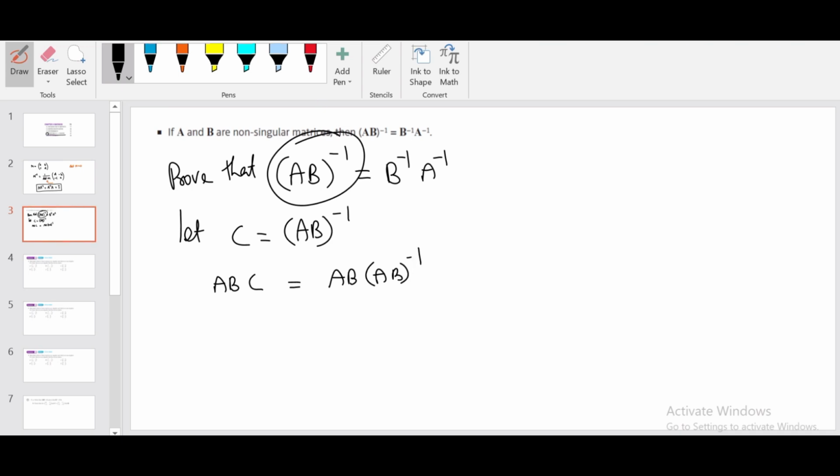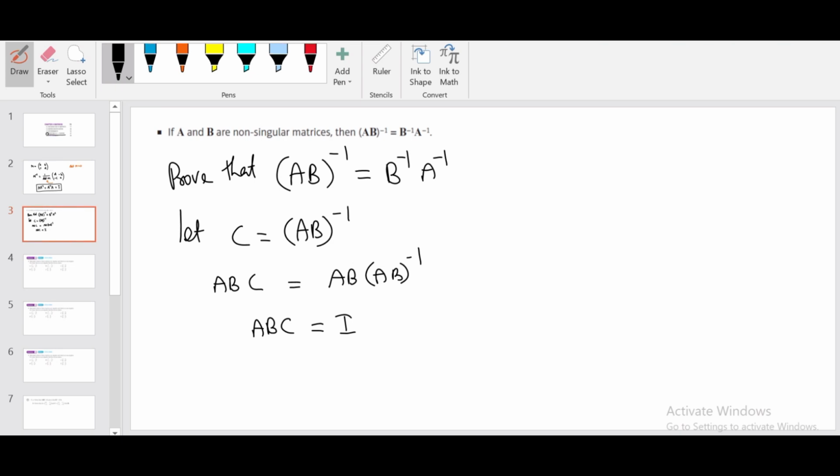But when you multiply a matrix by the inverse of it, what do you get? I, the identity matrix. So you get ABC is equal to I, correct?